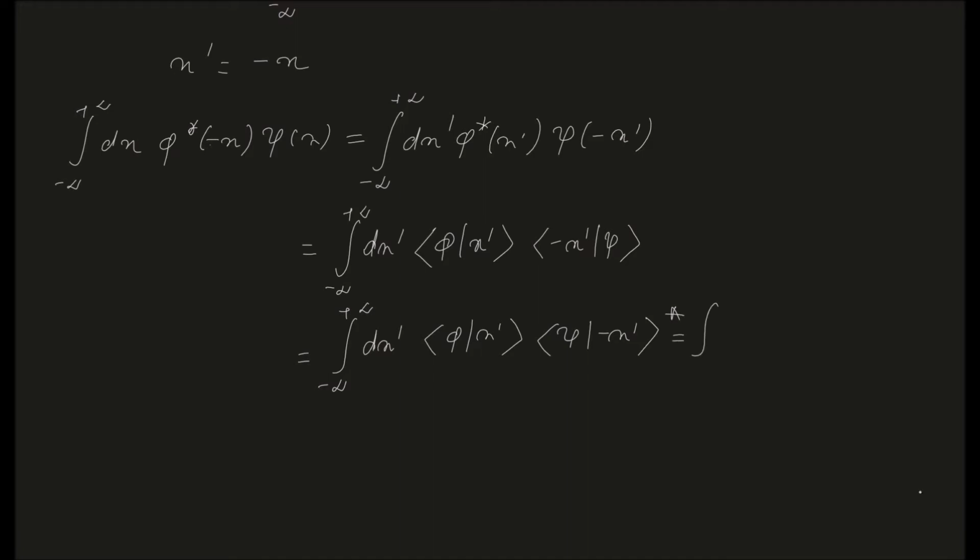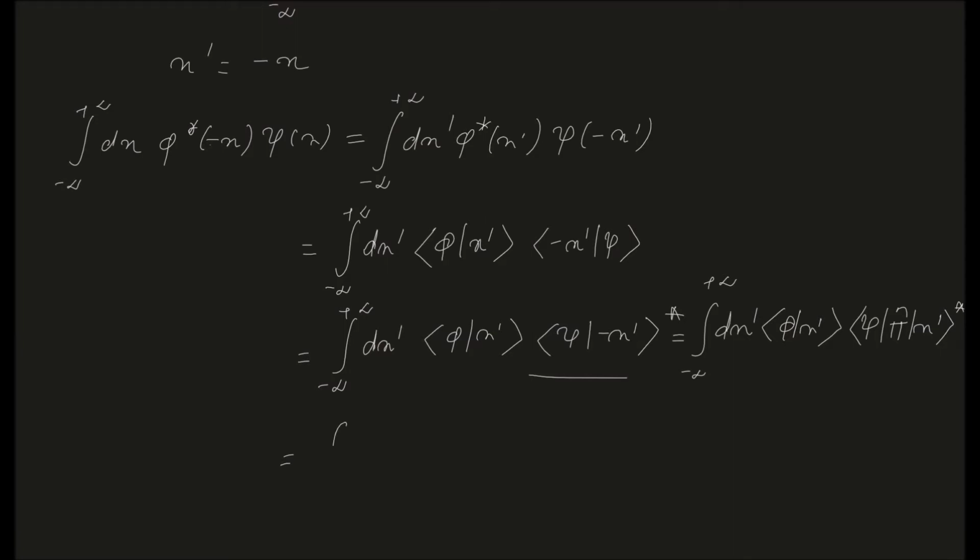So this is the same as the integral dx′ ⟨φ|x′⟩, and this last term can be written as ⟨ψ|π|x′⟩ with the complex conjugate, because when parity acts on this x′, that will give you −x′. That is the definition of the parity operator.